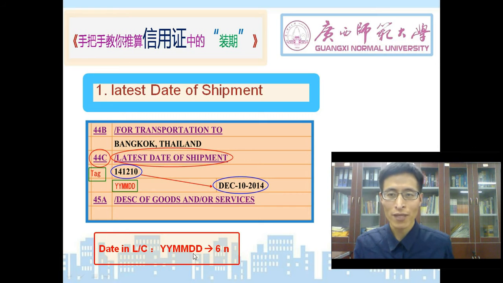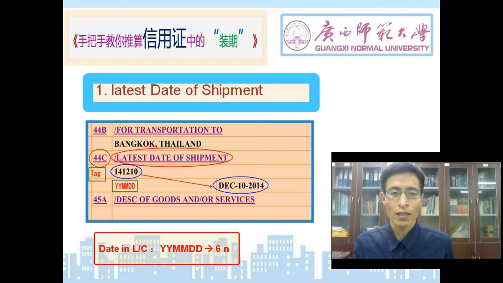Here 14, 12, 10 refers to this date, December 10th of 2014. This is the latest date of shipment. It means the last date you have to load your product onto the ship.